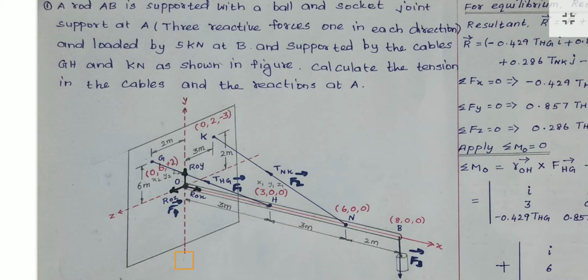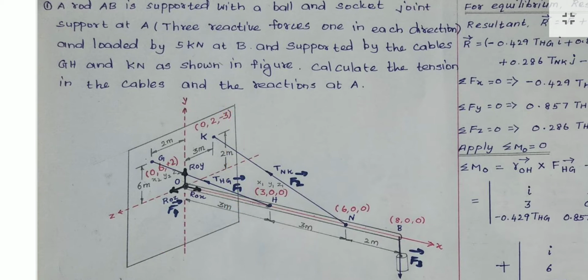This is the negative y axis, negative z axis. This board is in the YZ plane, so the points K, O, G, everything is in this YZ plane.